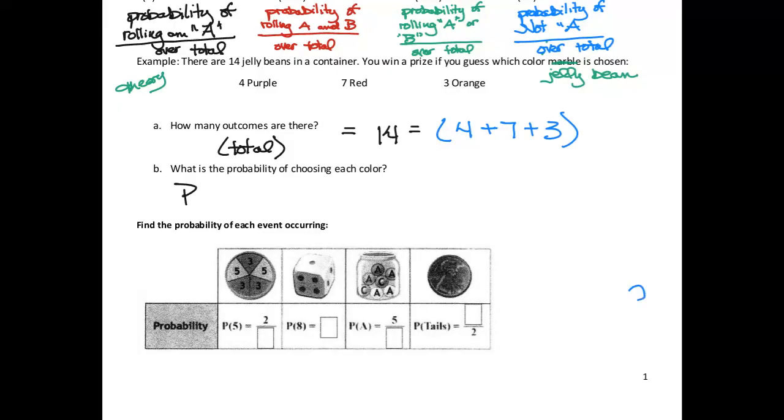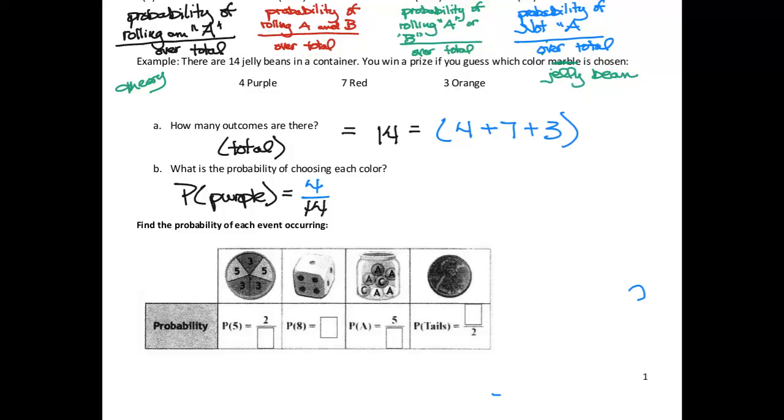The probability of choosing a purple, how many purples do I have? 4. So that's my successes. That's 4 out of, how many do I have total to choose from? 14. So that's 4 out of 14.